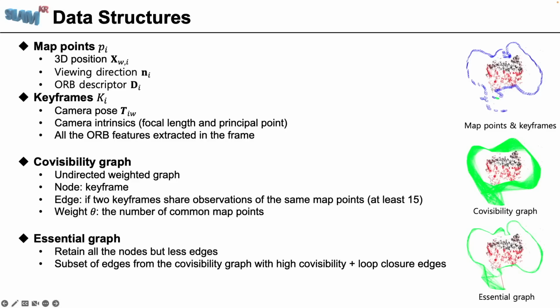First of all, I need to introduce the underlying data structures of ORB SLAM: map points, keyframes, the co-visibility graph, and the essential graph. Map points are literally the main points on the map in the 3D scene. A map point consists of a 3D position, a viewing direction, also known as the normal vector, and the ORB descriptor of this map point.